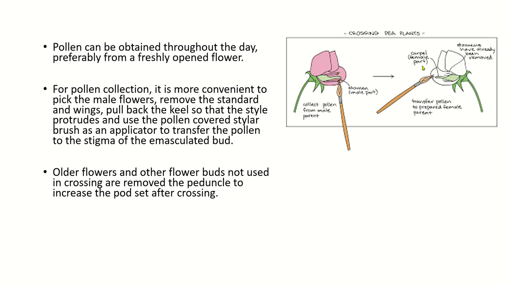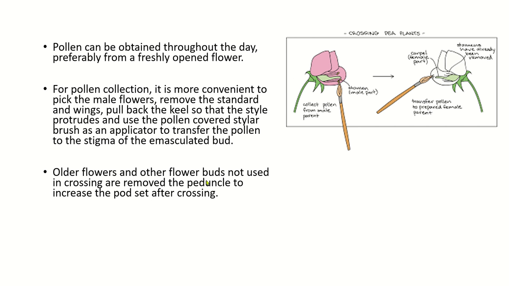All the methods of pollination can be done, like with the use of a brush, with direct flower pollination, or you can collect pollen in a petri plate and then directly apply it there.